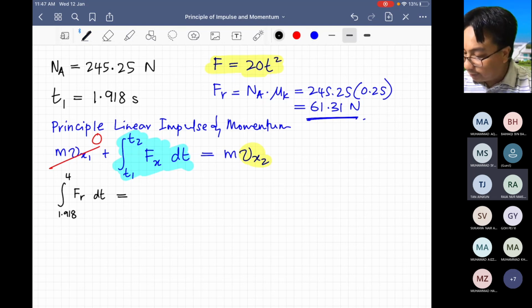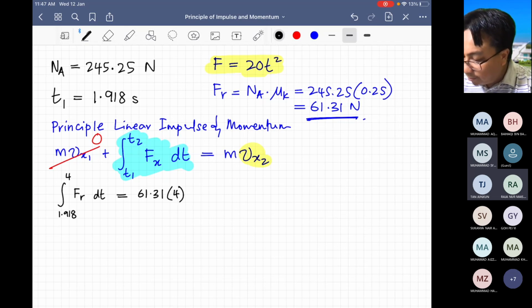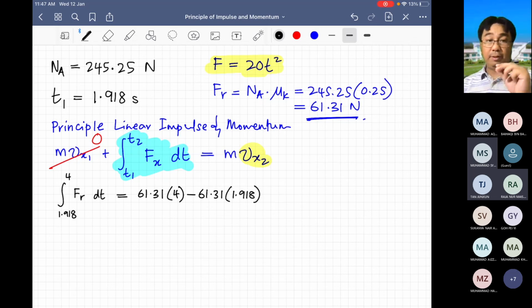Okay, so berbalik dekat sini, kita akan jadi 61.31 sebab dia tak ada variable dalam ni. So bila you integrate something yang constant, dia akan jadi 61.31 times 4 minus 61.31 times 1.918. Constant itu darab dengan upper limit tolak constant darab dengan lower limit.